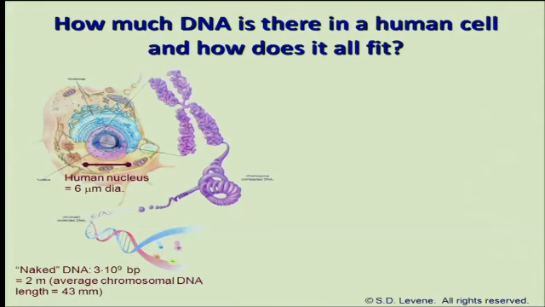But that nucleus has to contain 2 meters worth of vertebrate DNA. So this is really a 4 order of magnitude compaction problem, depending on how you want to calculate the amount of space occupied by the nucleosome-free uncoiled DNA.